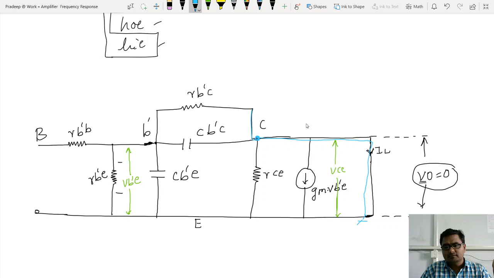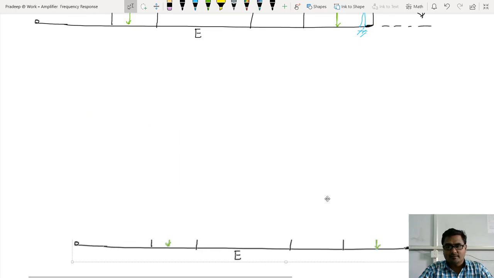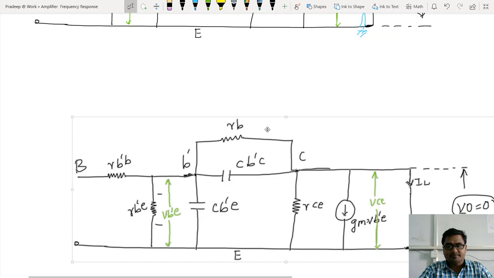Look at this. Even the second capacitor seems to be directly connected to the ground. So one capacitor, CB dash C, and one resistor, RB dash C, get directly connected to the ground, and the modified circuit will become, now let me modify the circuit.